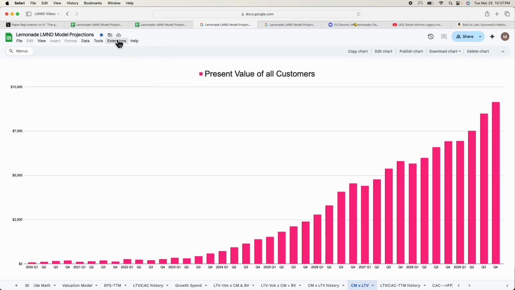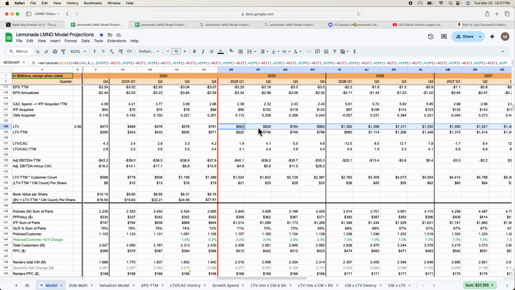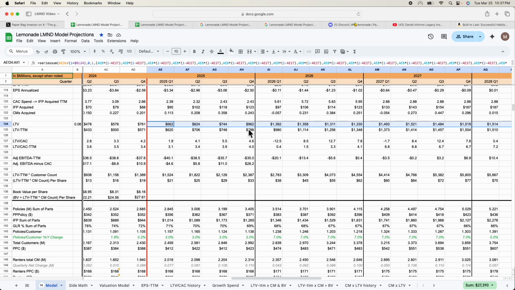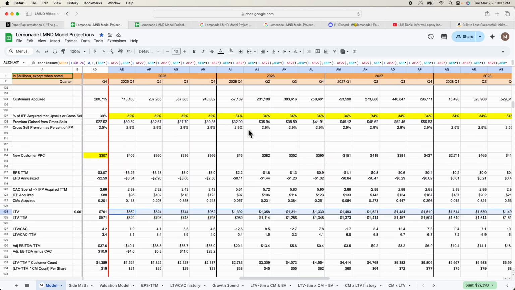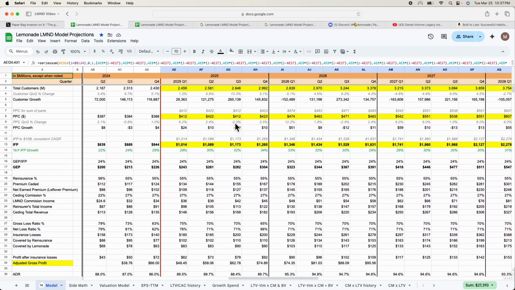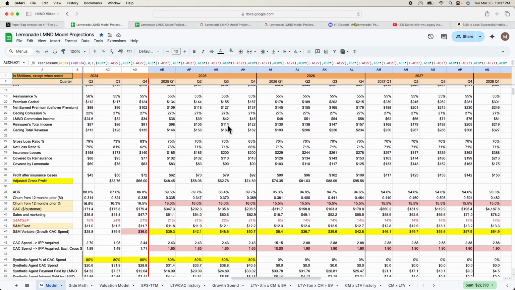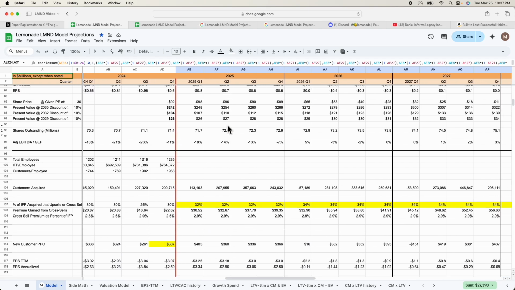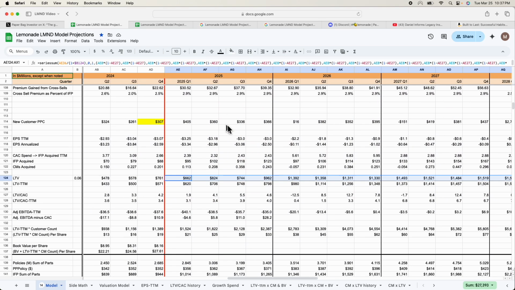And of course, your LTV is going to keep growing. I should mention that too. Your LTV is going to keep growing because your premium per customer, where your customers start, should improve. And also your annual dollar retention for the book of business, as customers continue to cross-sell up into the car product over the next number of years, your annual dollar retention should be better.